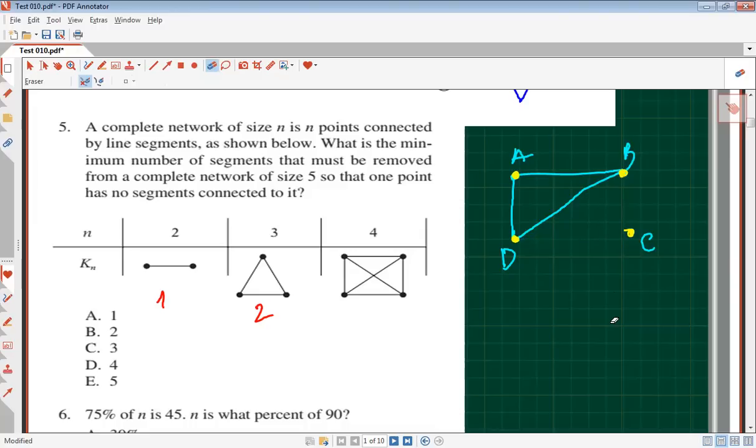That means with a complete network of size number 4, we need to remove 3 segments. And that means with a complete network of size number 5, we need to remove 4 segments, option D.